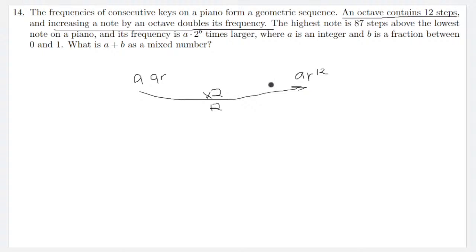So that means you've doubled your frequency. So ar to the power of 12 must be twice of a. So we can cancel out the a and find that r to the power of 12 is 2. So that means our common ratio r is 2 to the power of 1/12th, or you can write it as the 12th root of 2.